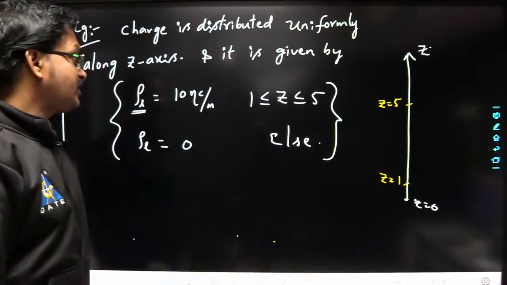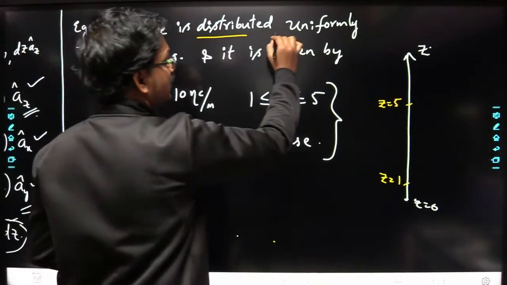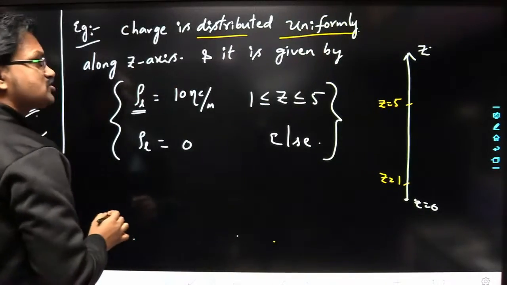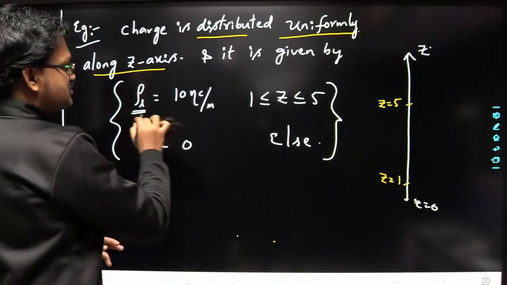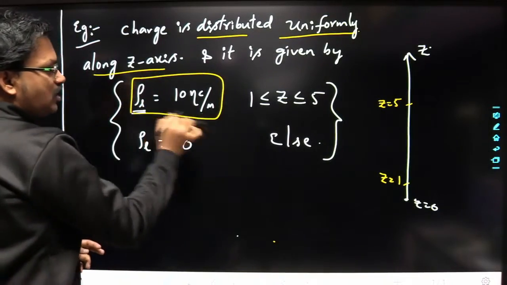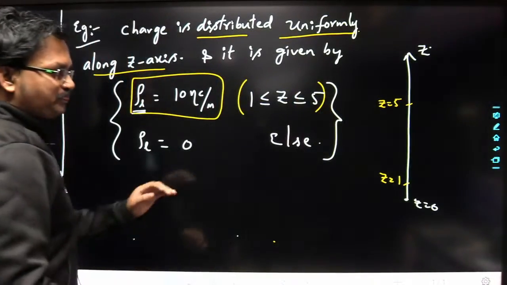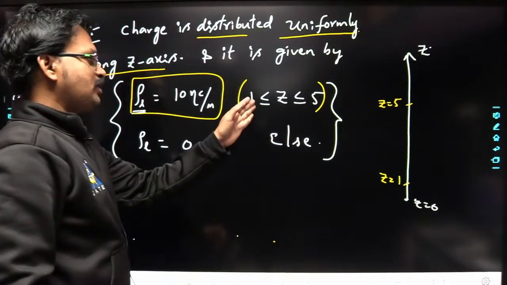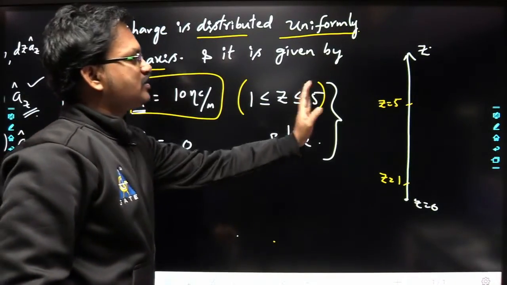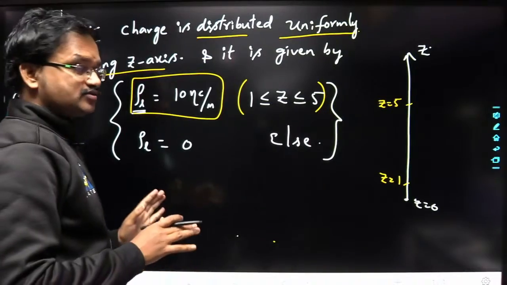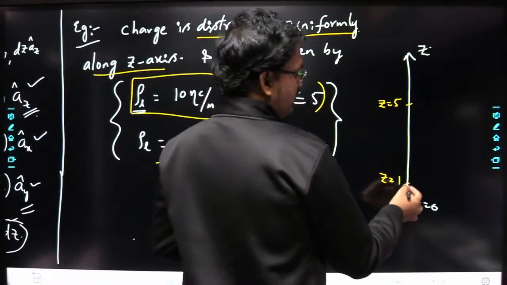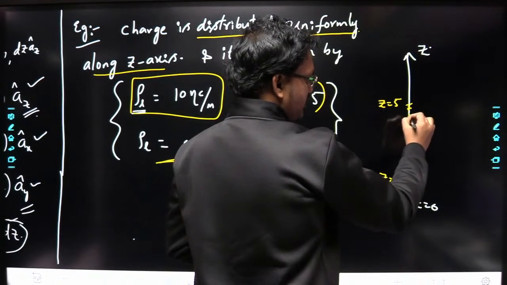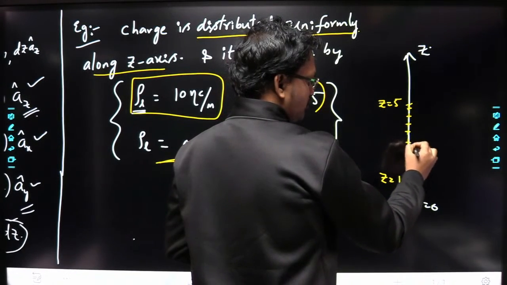What they are saying is the charge is distributed uniformly along the z-axis over this range. So before 1 and beyond 5, the charge distribution will be 0. Between 1 to 5, the charge is distributed uniformly.